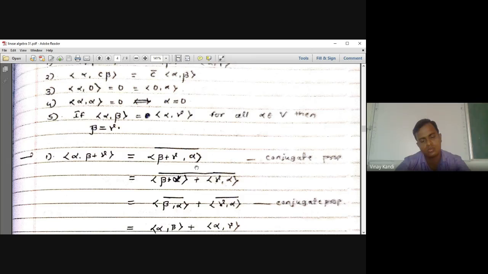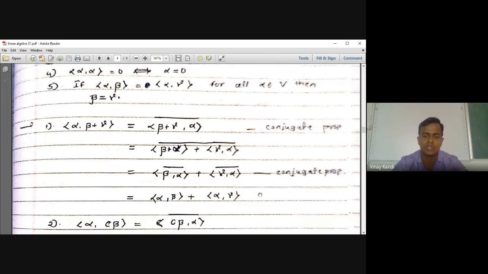Written separately: inner product of beta alpha plus inner product of gamma alpha, whole bar, which is equal to, by conjugate property, (a plus b) whole bar is equal to a bar plus b bar, so inner product of beta alpha bar plus inner product of gamma alpha bar.